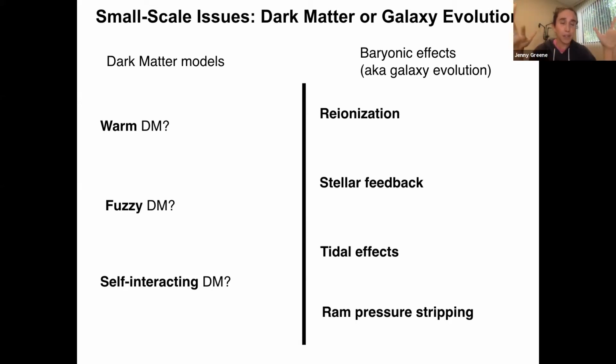And so we have to simultaneously understand the baryonic effects if we really want to use any tracer, even dark matter dominated dwarfs, in order to get at the dark matter models.